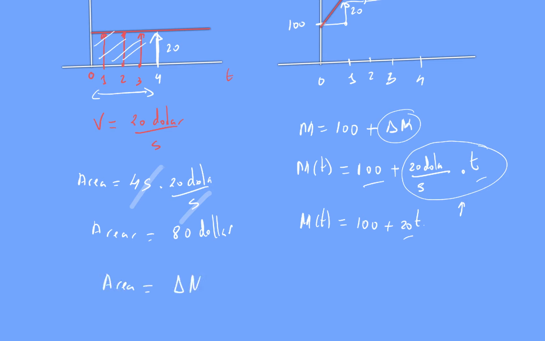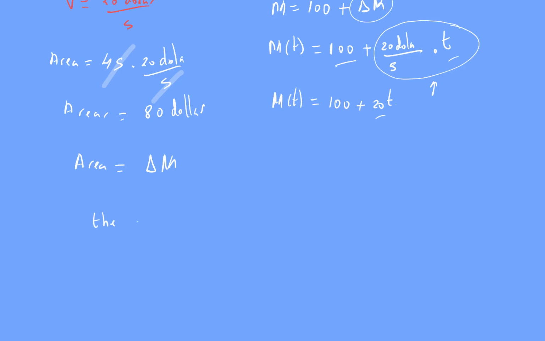The change in my money is $80. So you see how the equation works. The area below the curve of f of t, the $20 per second, let's write it.